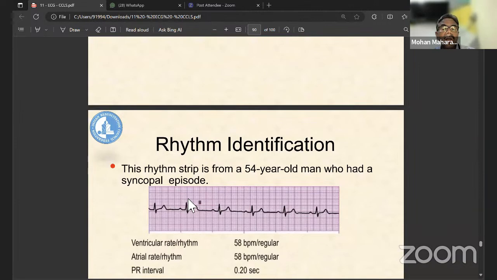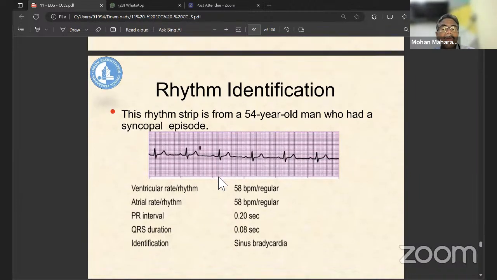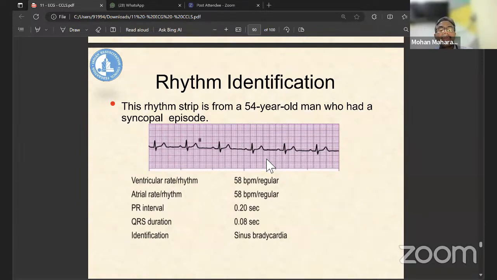So that means the RR intervals are regular here. Atrial, again, look at the P, so regular. And PR interval is a consistent 0.2 seconds. And QRS again consistent, 0.08 seconds. So identification: sinus bradycardia.